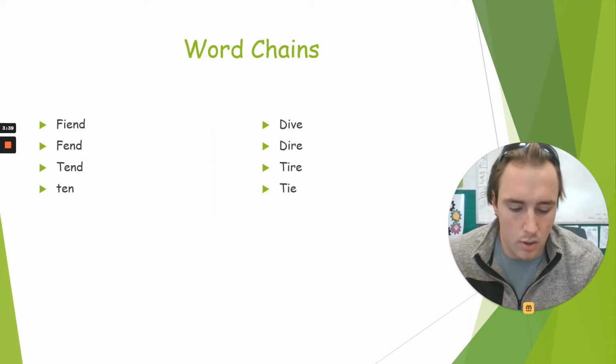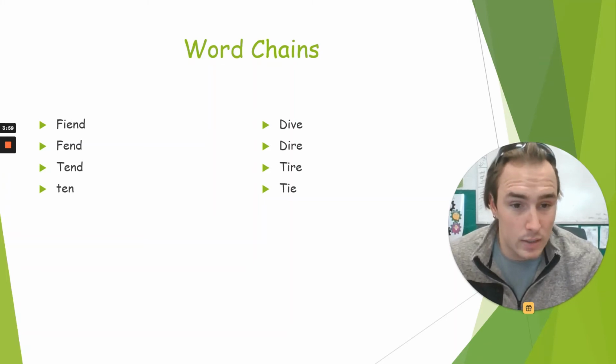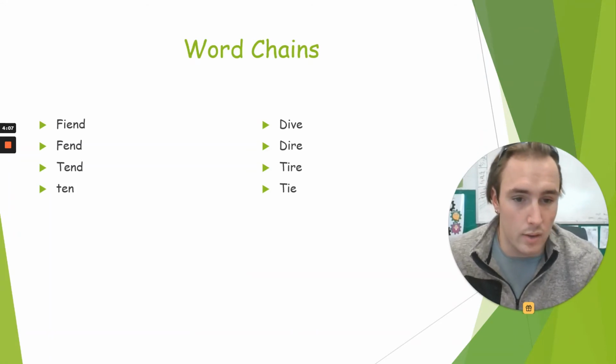So we have B-R-I-E-F, and we're going to change that to beef, which is B-E-E-F. All right. So we drop the R and the I, and we add an E. So B-E-E-F. Okay. Now we're going to change beef to bee, B-E-E. We should just drop the F.